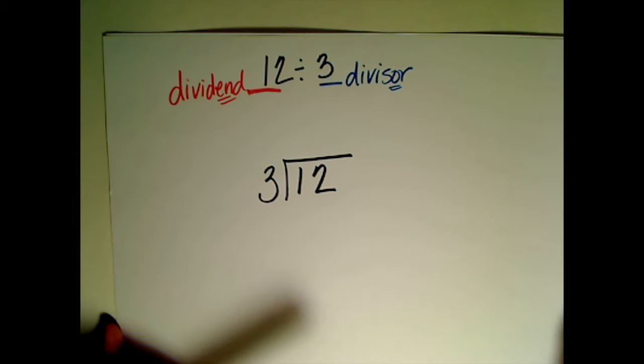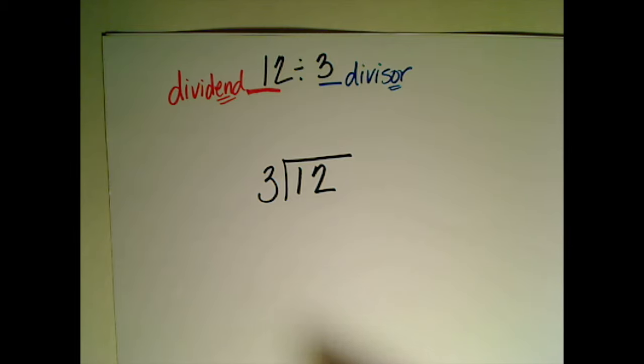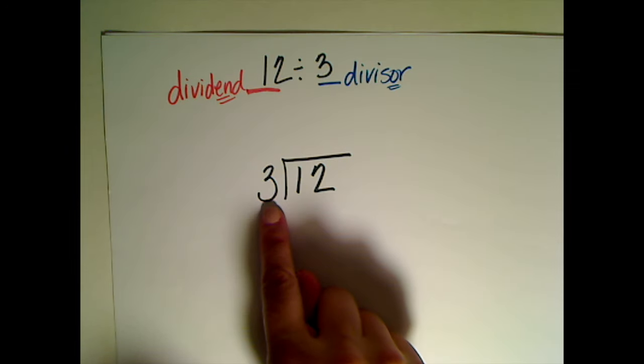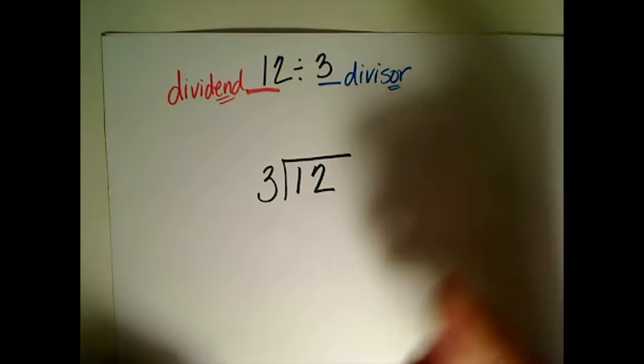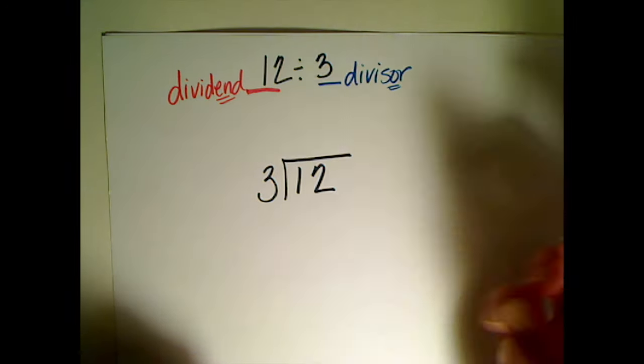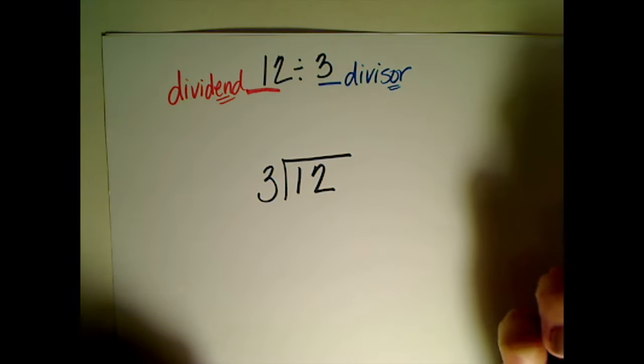Sometimes the standard algorithm can be a little bit daunting or scary to people, because if it doesn't go into the first few digits, you have to then move over a place value. Well, that's nothing new.